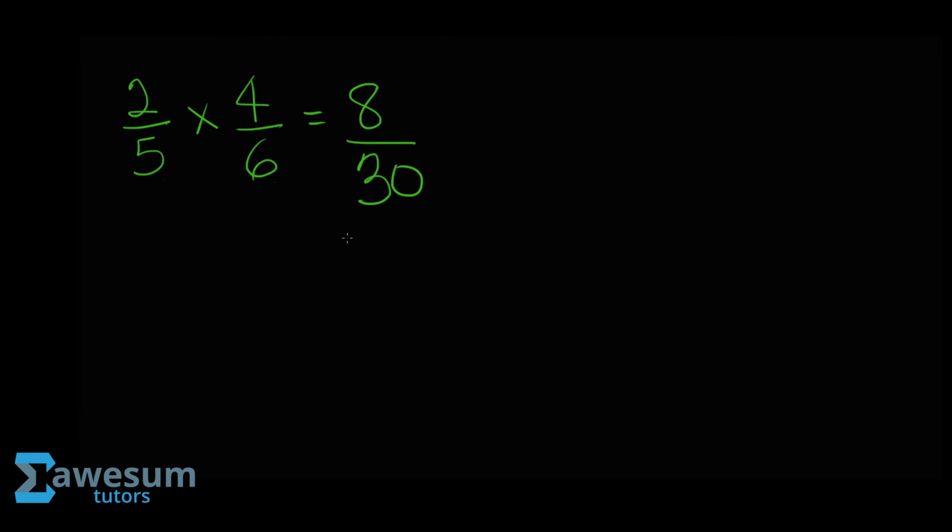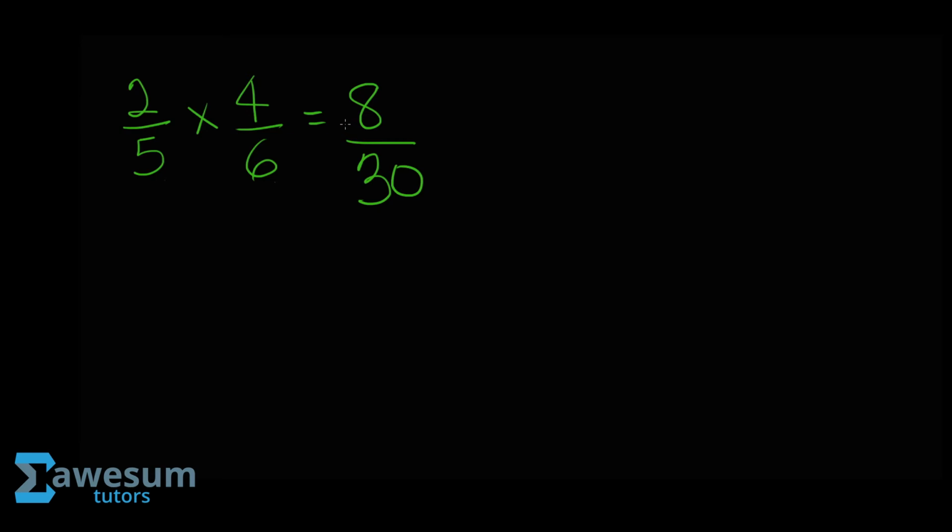If you take a look at this fraction, 8 over 30, this can be simplified further. How do I know? 2 can go in 8 and 2 can go in 30.